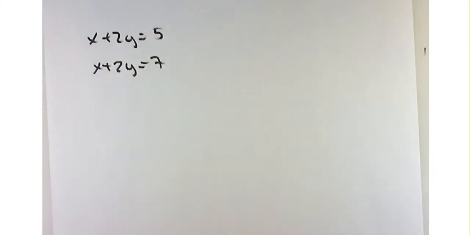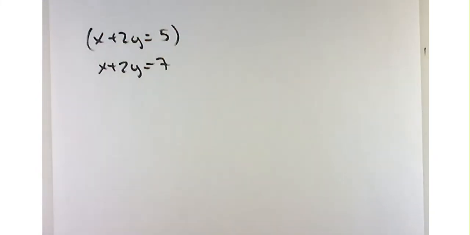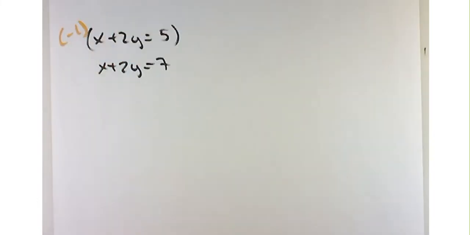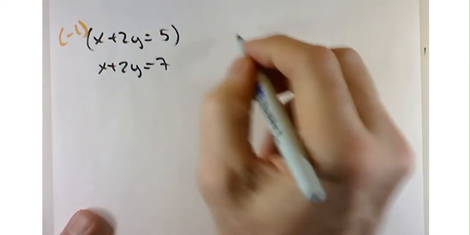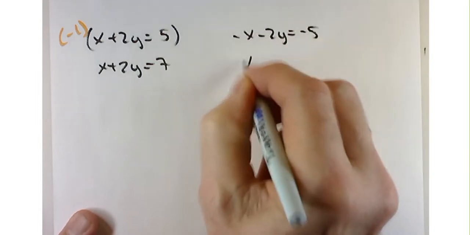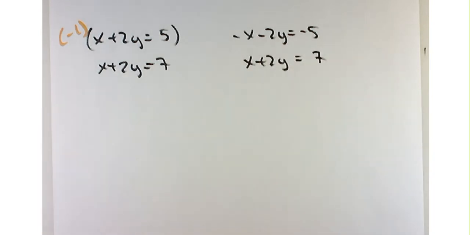So, one of the ways to solve a system of equations is by the addition method. In this case, I'd multiply the top equation by -1 and simply get negative x minus 2y equals -5 and add it to the bottom equation. What do I get when I add it to the bottom equation?